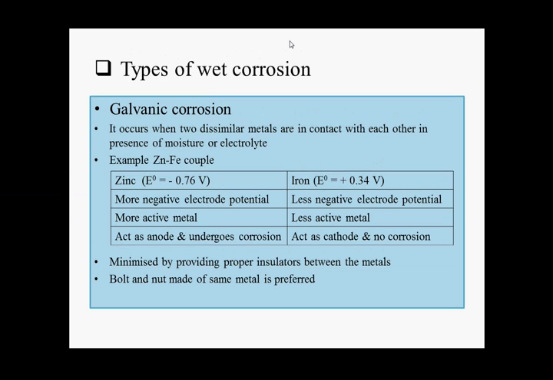Then let us see the types of wet corrosion. Wet corrosion is also classified into two types: galvanic corrosion and differential aeration corrosion. When two dissimilar metals, different metals, are in contact with each other, and these metals are placed in an atmosphere of moisture or an aqueous solution of an electrolyte, galvanic corrosion takes place.